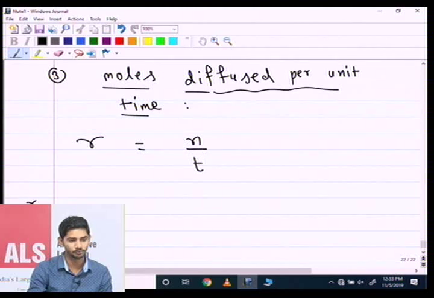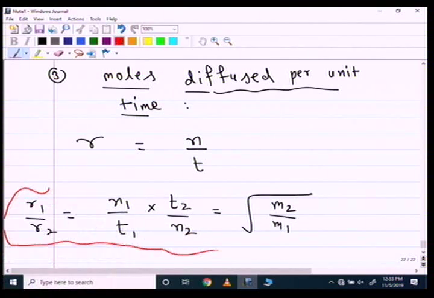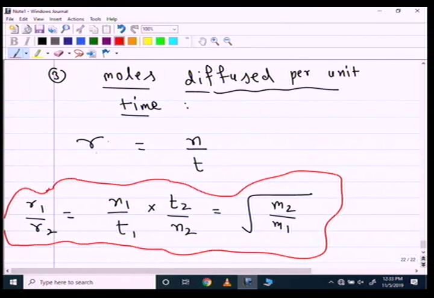And if I use this in the formula, I'll get N1 upon T1 into T2 upon N2 equal to root M2 upon M1. Guys, again I'm repeating, very simple chapter based on the formulas. I'm discussing the tricks of the formulas, shortcuts. Remember them, get the answer in seconds. And obviously then you will be a doctor.